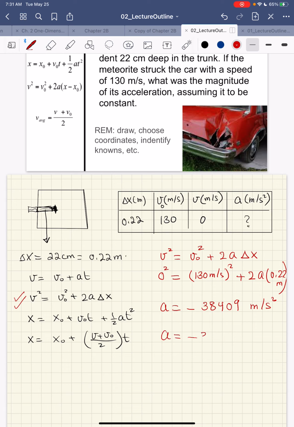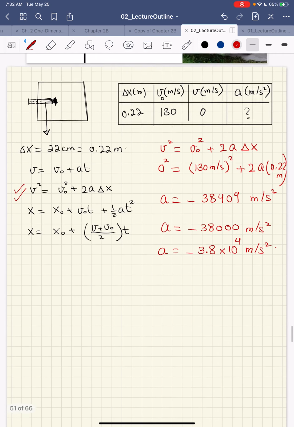Then I will say this is my correct solution, to consider only 2. Or what I can do is make this like 4 meters per second squared, so that I will have only 2 sig figs, because remember the first one we said was ambiguous. Although I can say it is 2, sometimes I consider it correct.